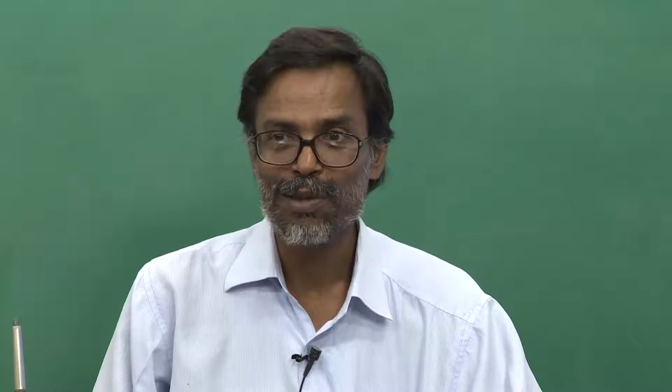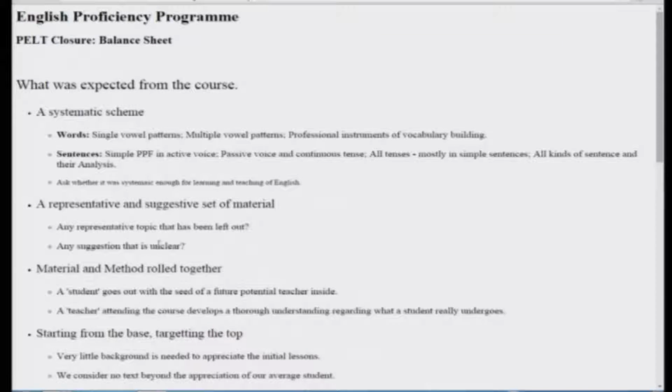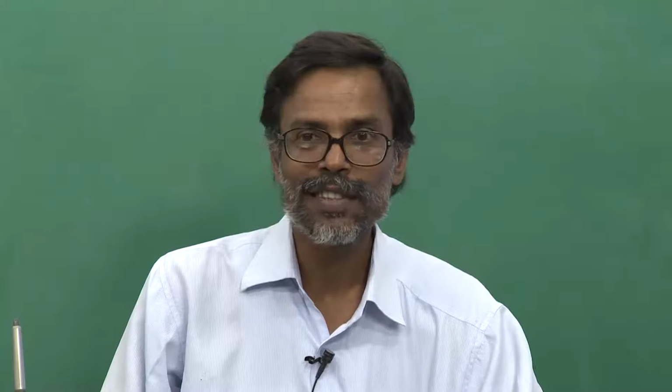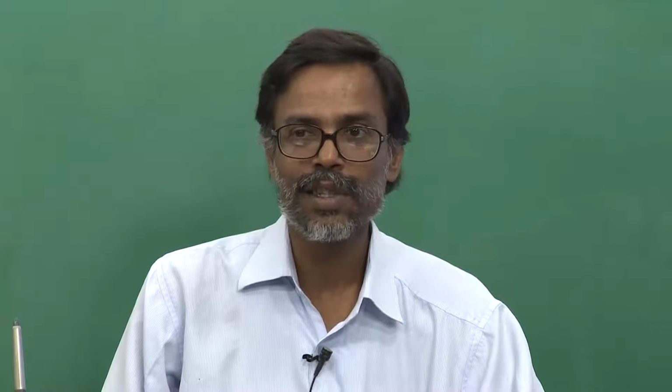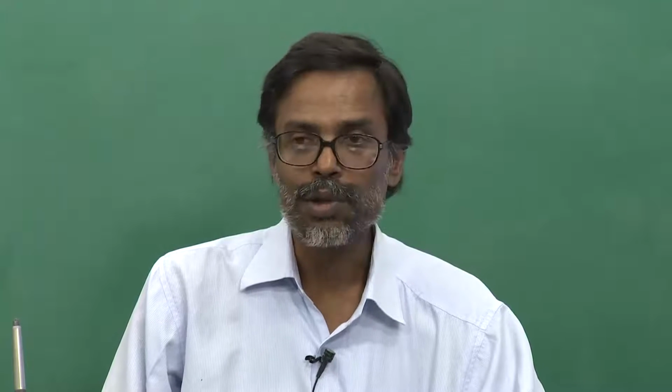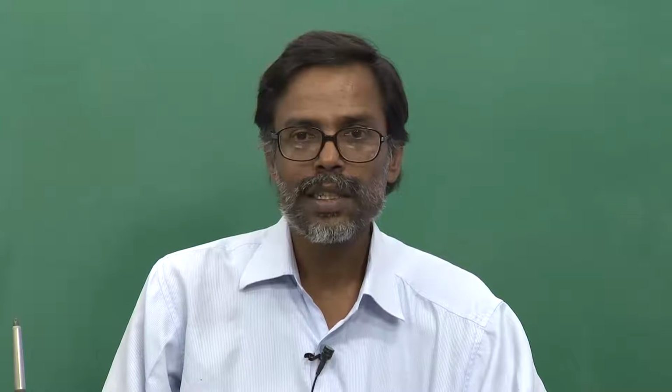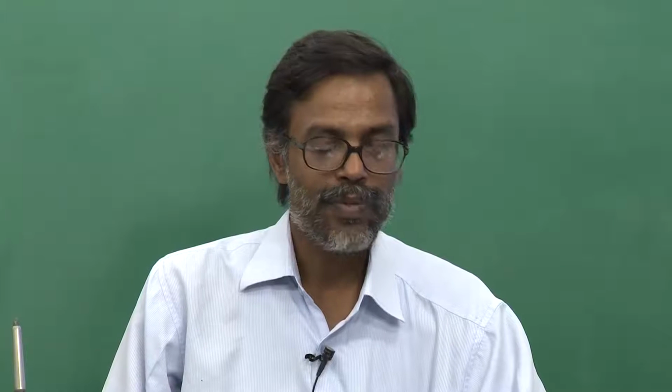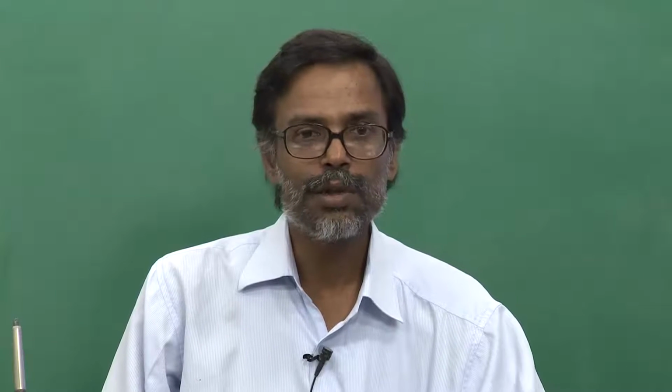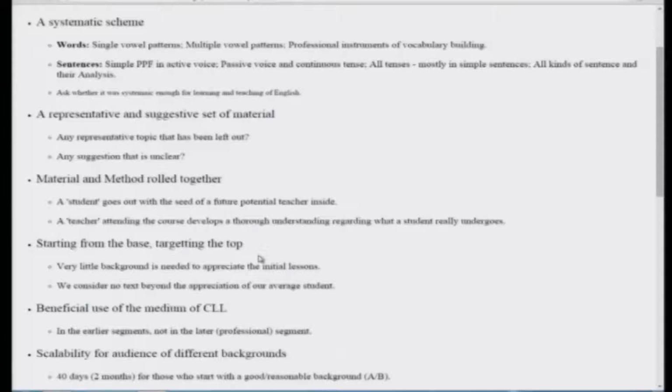Okay? So, we will also include the same in our program. Next, suggestive set of material. The question is, is there any suggestion in the entire material which has been left unclear, which has been suggested, but the meaning of the suggestion is not clear? We should know that, so that we take enough measure in the next round to make those suggestions clear.